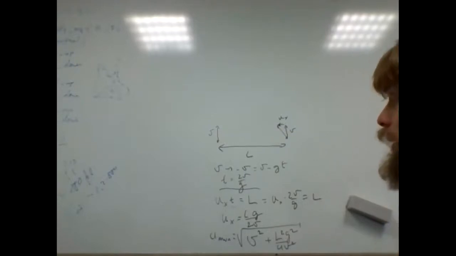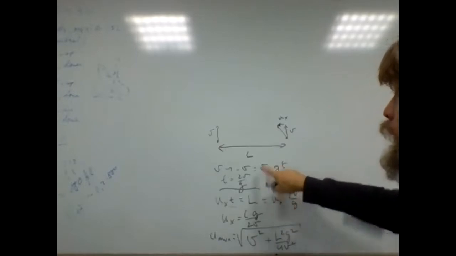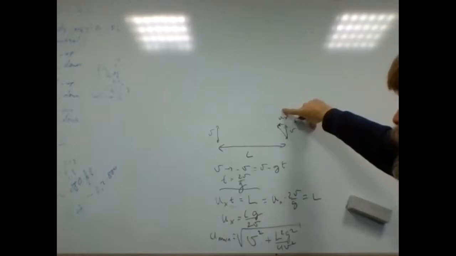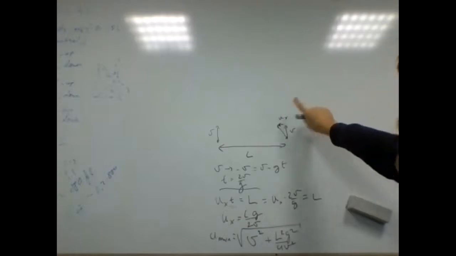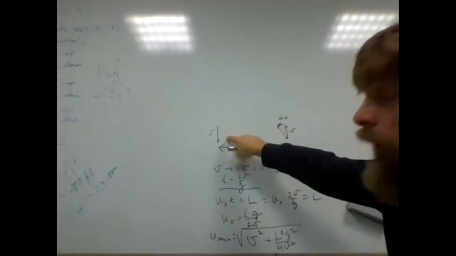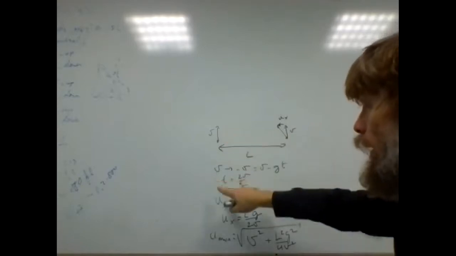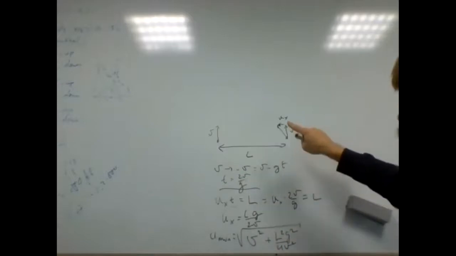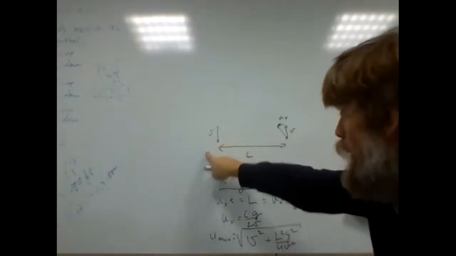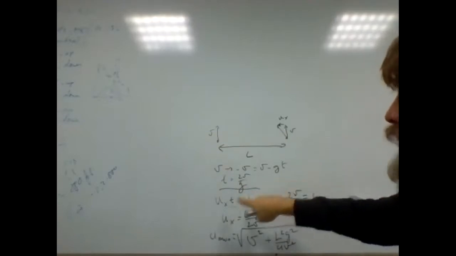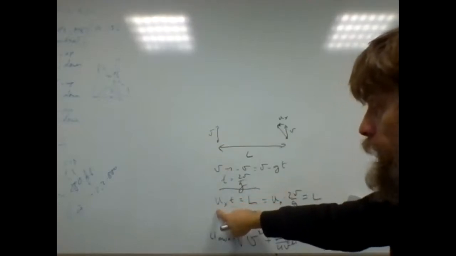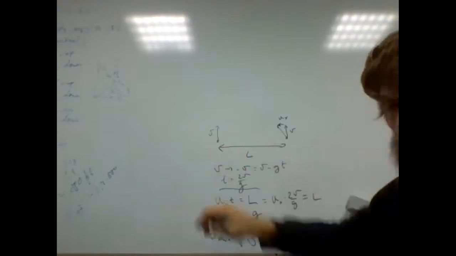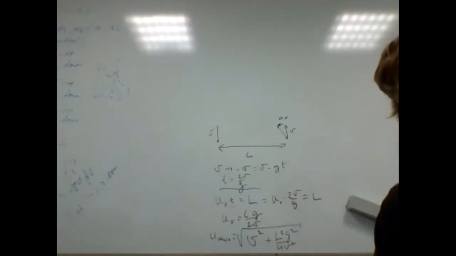On the other hand, we want to keep this speed as small as possible. If it is as small as possible, the travel time from here to here is as long as we can afford, and as long as we can afford is given by this. So we require that this ball reaches that ball over this time, so that relative velocity ux times travel time t is equal to the distance L. Okay, clear.